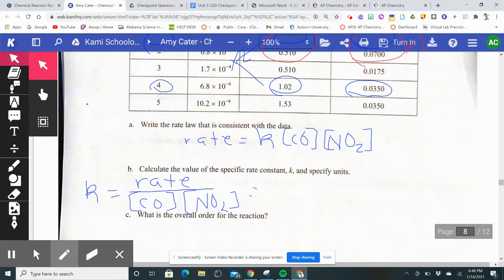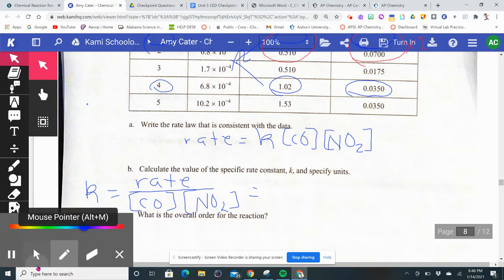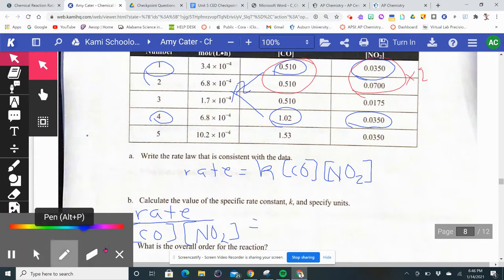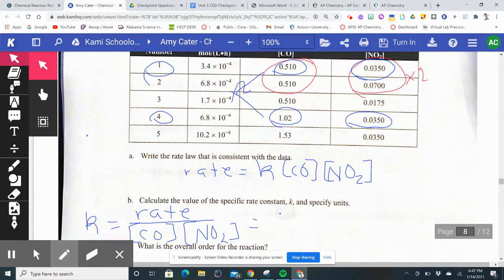And then what we're going to do is we're just going to take numbers from an experimental trial, just pick one, it doesn't matter which one, and take those numbers and put into that equation. So if we want to, we can use the first one. We can use experiment 1. And if we use experiment 1, that's going to be 3.4 times 10 to the negative 4.